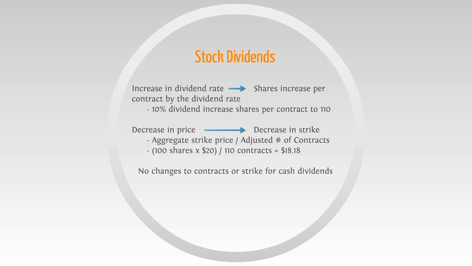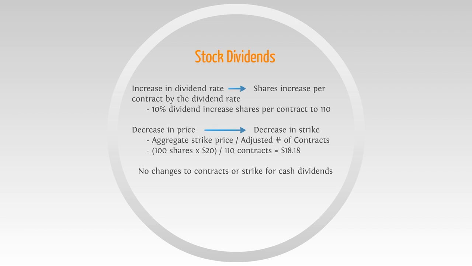Stock dividends are very similar. Again, there's no real economic change. It's more a signal to the market. But if we have a 10% dividend, we're going to increase our shares per contract from our standard 100 that we've seen up to 110. But then our price is going to go down so that we have, again, the same total.